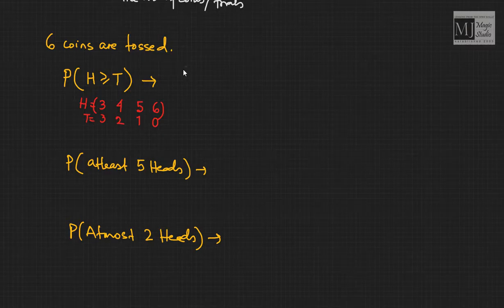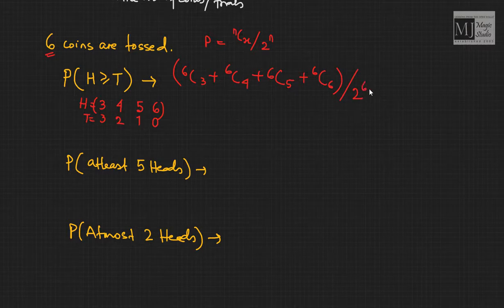Fine, simple. Now again the same process. What is that? Probability is given by nCx divided by 2 to the power n. N is 6 in this case and x is 3, 4, 5 or 6. So 6C3 plus 6C4 plus 6C5 plus 6C6 all divided by 2 to the power 6.